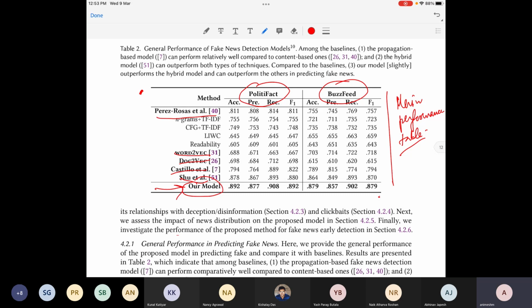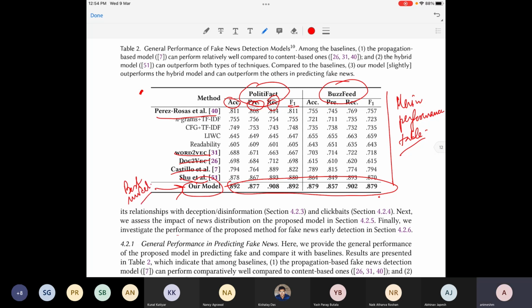These are standard measures like accuracy, precision, recall, and F1. So what is the first thing that you see? You see nothing. Their model is performing better than all the baselines. Okay, so their model is performing better. So this is the best model.